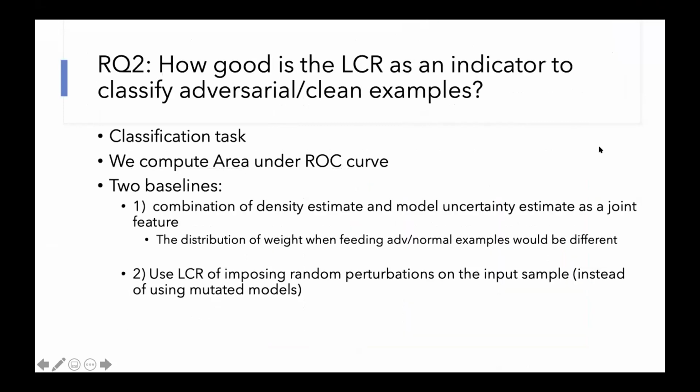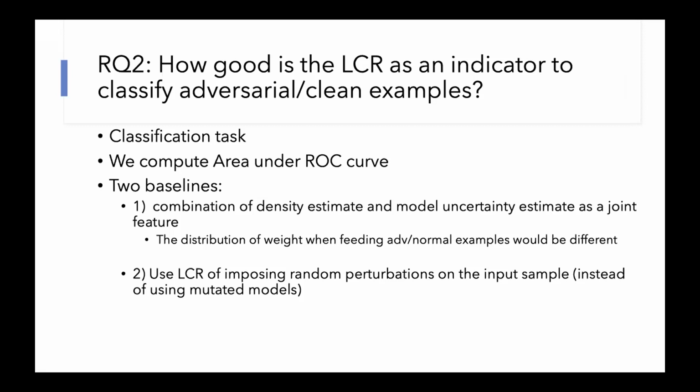And the second research question is how good the label change rate is as an indicator to classify adversarial versus clean examples. Because it's a classification task, we can compute the area under the ROC curve. They use two baselines here. The first baseline uses the combination of density estimate and model uncertainty estimate as a joint feature.